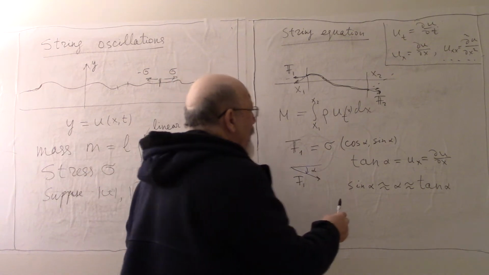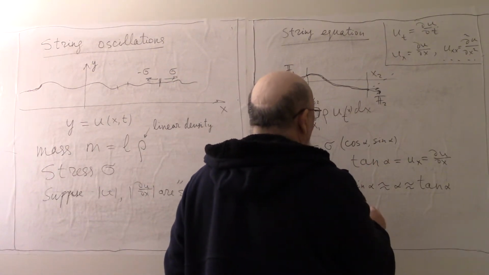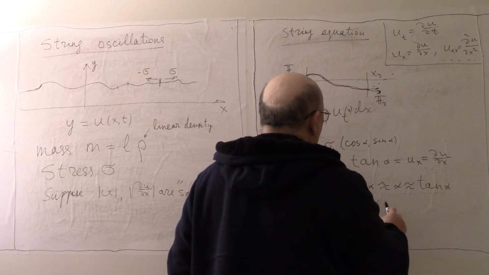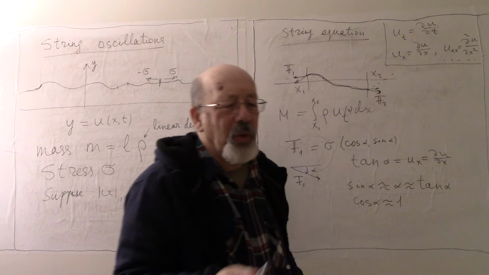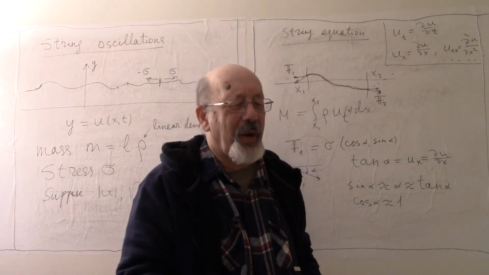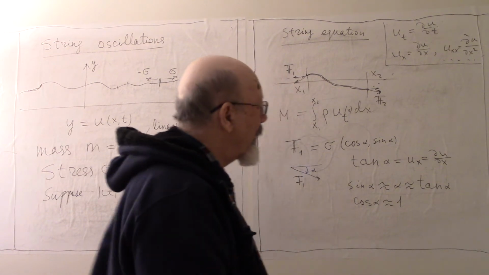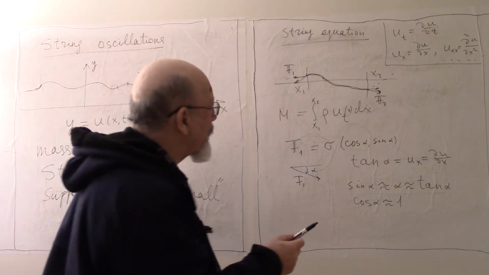And this means cosine alpha is approximately equal to 1, up to the square of the derivative, again up to higher order terms.